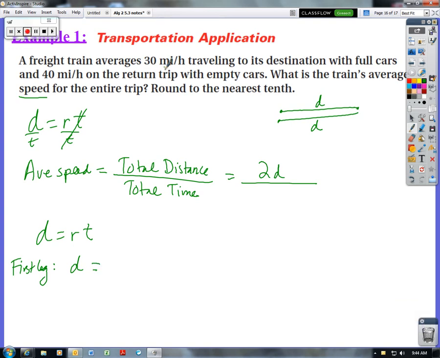It's averaging 30 miles per hour on to its destination, so that's the first leg. So it's going 30 miles per hour. We're not going to worry about the units because it'll be in miles per hour, so distance will be in miles, time will be in hours. Okay, so d equals r, and then t we don't know. Time.